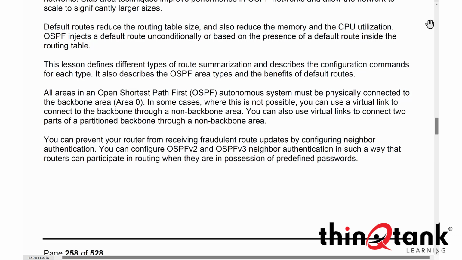But again, there are some very specific things to consider when you are doing summarization. We'll explore the concepts of summarization during the lecture, and then we'll look at some of the implementation of summarization and some of the key things to look out for when you're implementing summaries in a dynamic routing process like OSPF.